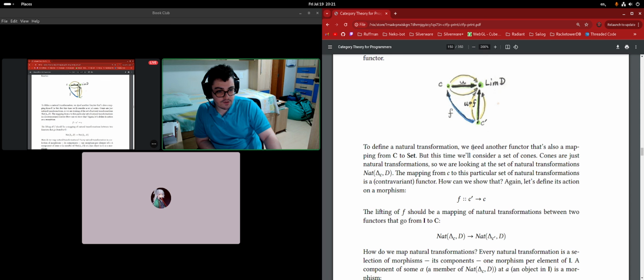What I don't understand is we need another functor that also does a mapping from C to Set. But this time we consider the set of cones. Cones are just natural transformations. The mapping from C to this particular set is contravariant. C is an object from this other C, agree? Yes. So where are we doing that?